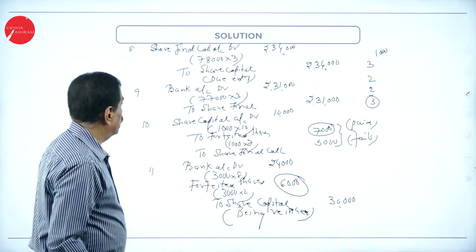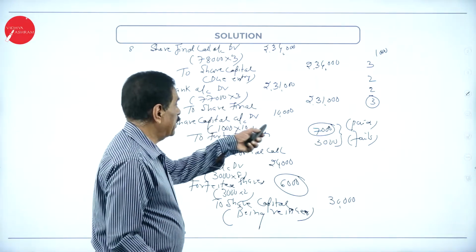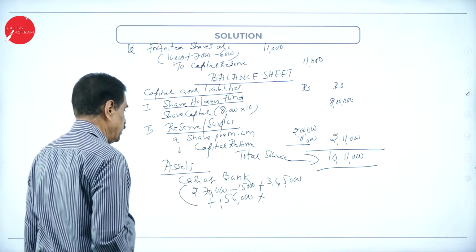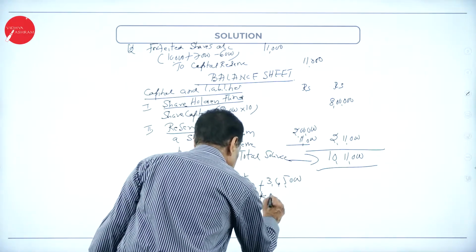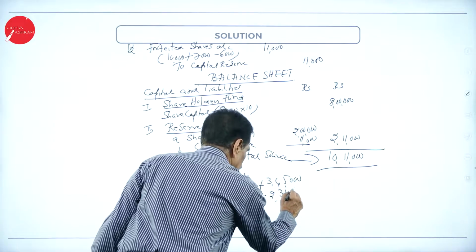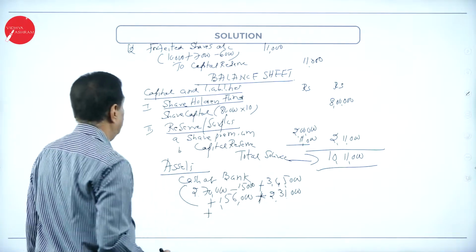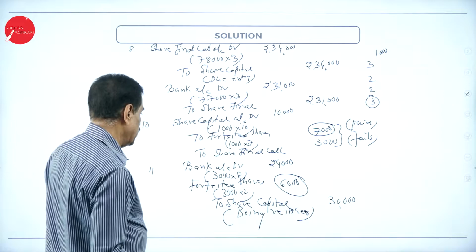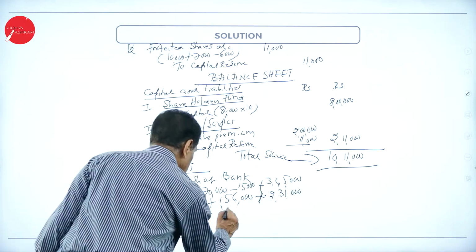Then come back to final call, bank account debtor to share final call account 2,31,000, plus forfeited and reissue bank account debtor plus 24,000.